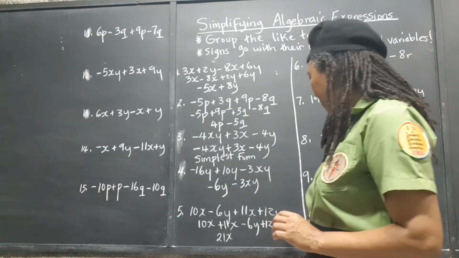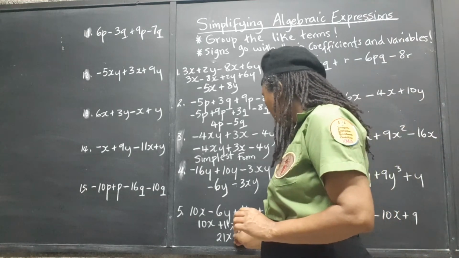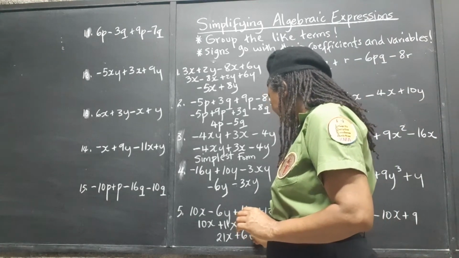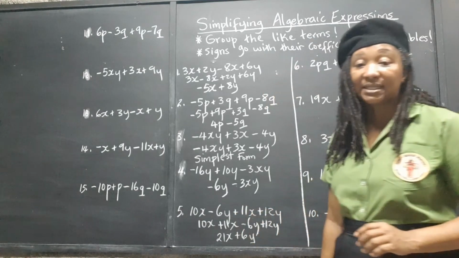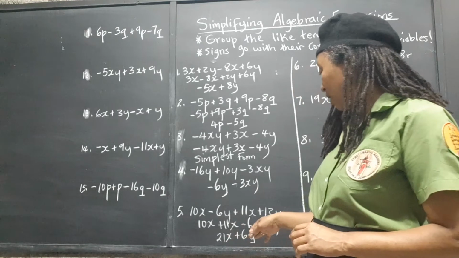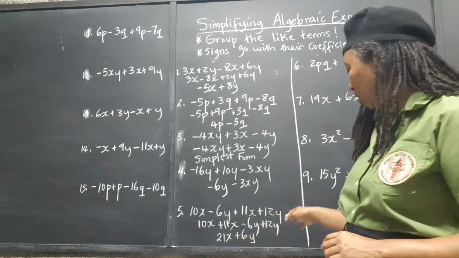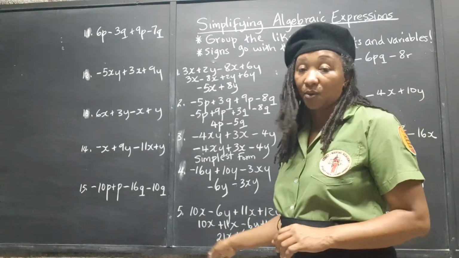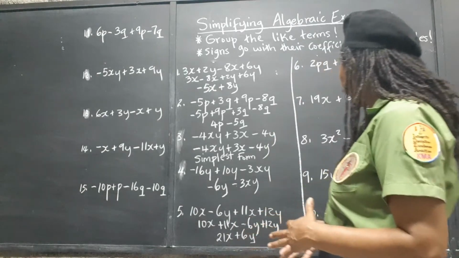Negative 6y plus 12y will give us a positive 6y. And that's as simple as we can express it. 21x plus 6y. We can't group them any further.